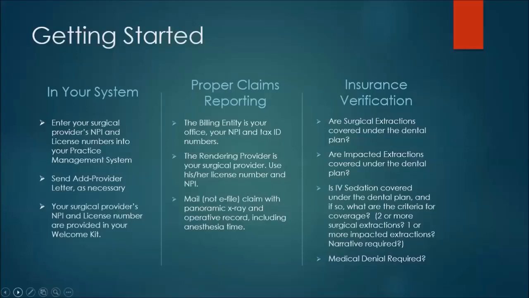When that happens, it can result in a misprocessing of the claim itself. And so we strongly recommend to just print and mail the claims with the x-ray instead of e-claiming in order to prevent those types of things from happening with improper claims processing.